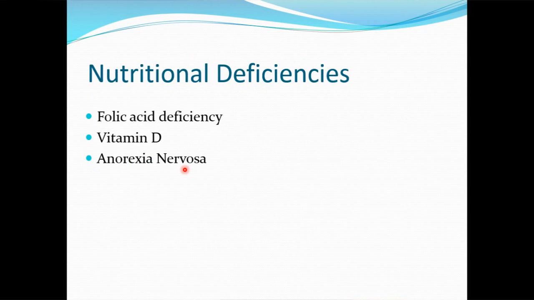And folic acid deficiencies and vitamin D deficiencies amongst other vitamins. One just needs to look at the person's general health. Do they eat healthily? Let's say it's a young person at university and they're looking after themselves, living at home, are they eating properly? Or are they eating chips and sweets and Coke for dinner? Are they really getting enough nutrition? Okay.